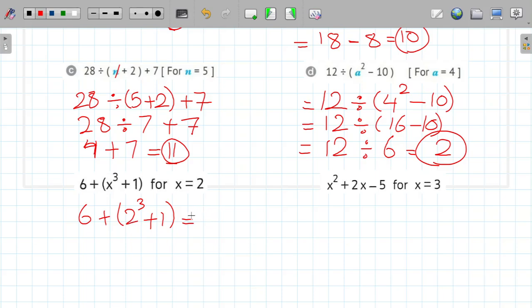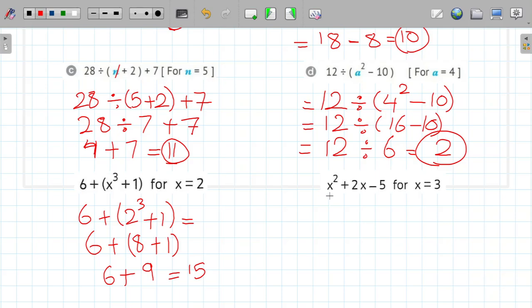So it will be 6 plus 2 cubed equals 8 plus 1. Okay. Next, I will do what's inside the parentheses. So I have 8 plus 1 equals 9, and 9 plus 6 equals 15. So the value of the expression for x equals 2 is 15.